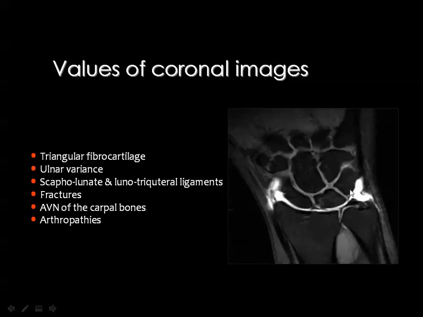Is the ulna longer or shorter than the radius? Number 3, look for the scapholunate ligament, which is this one, and the lunotriquetral ligament. Fractures, Colles fracture here and scaphoid fracture here. Avascular necrosis of the carpal bones, particularly the scaphoid and the lunate. Then any form of arthropathy, I will discuss this in a separate lecture concerning arthropathy anywhere in the body.